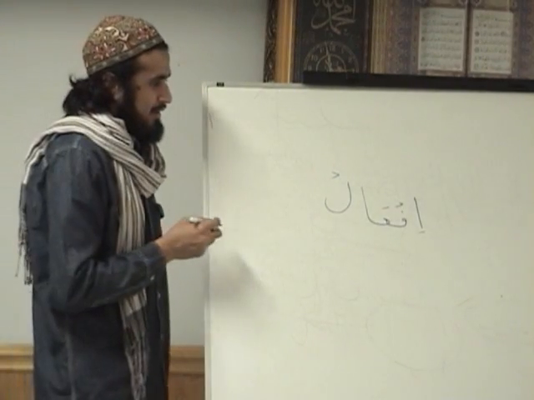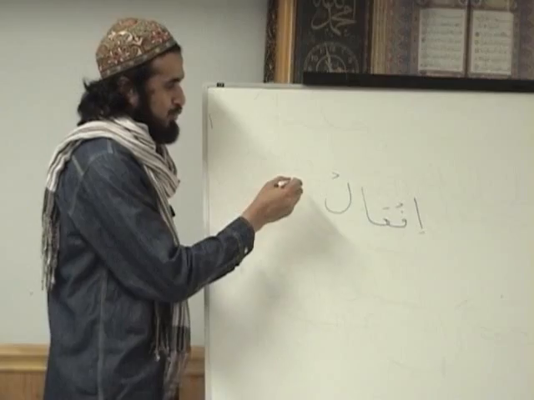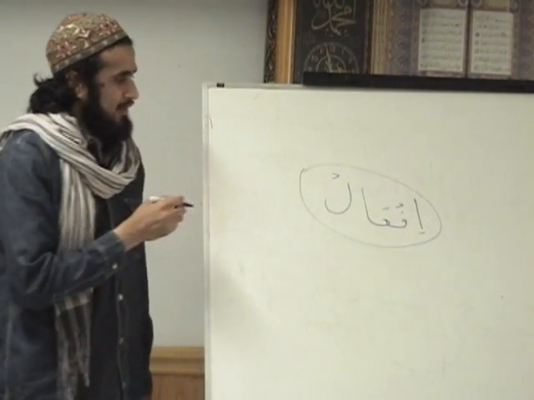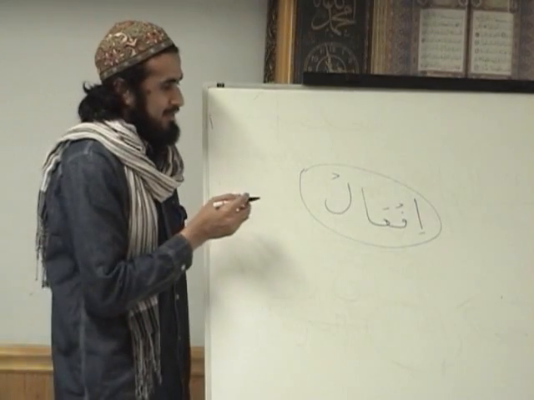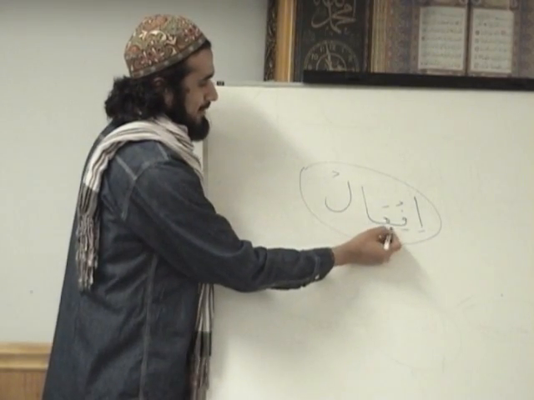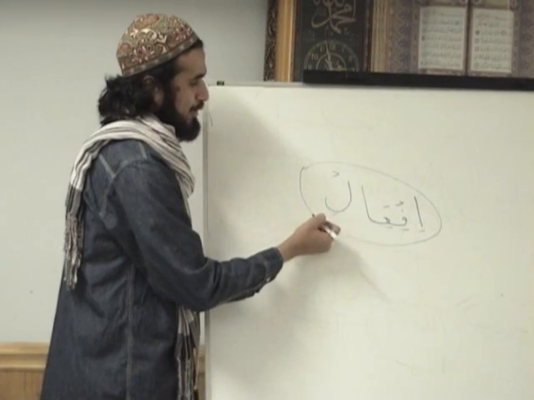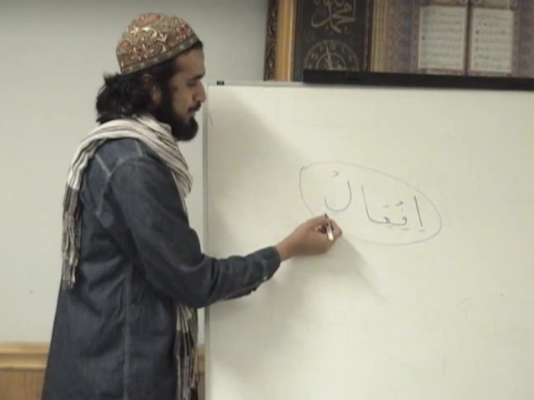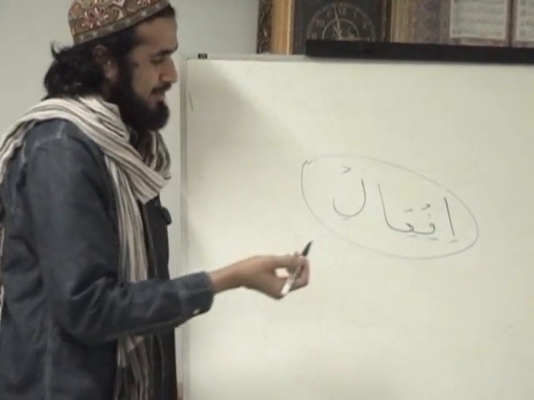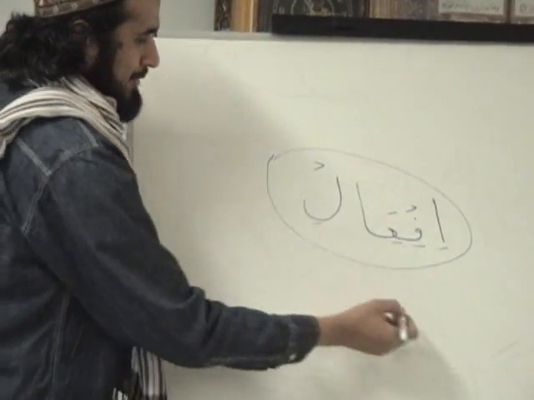Again, since this is the scale, anything that rhymes with it, you will look at it and you will look at fa, ain, lam. So obviously the fa, ain, lam will be part of the root word, and the alif and this other alif will be extra. Example.